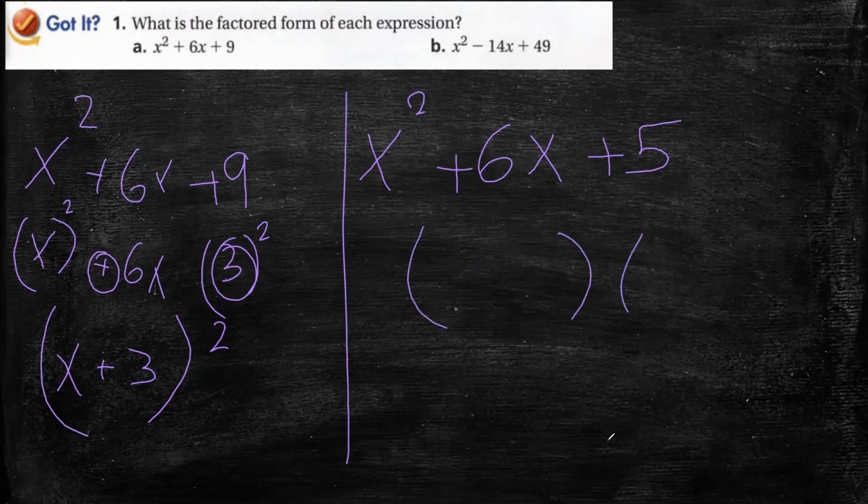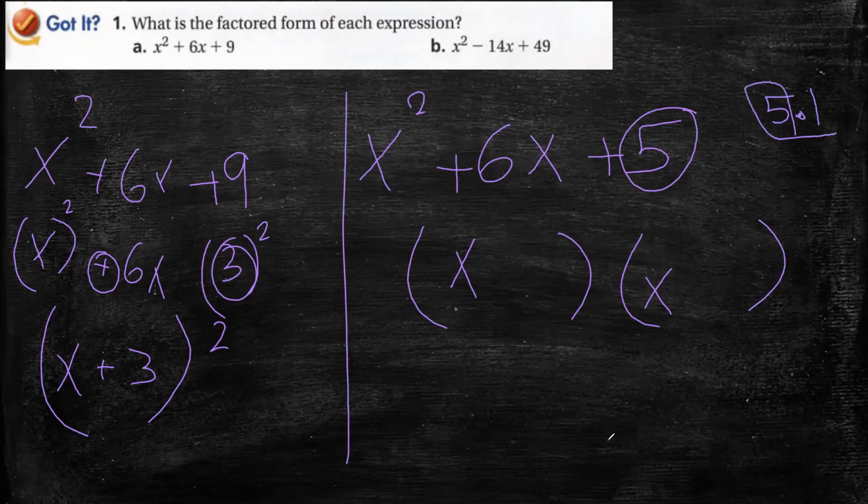You open two brackets, you put x here and x here, you write the factors of number 5, and you find which pair of factors has a summation of 6, which is 5 and 1. So I will write them as x plus 5 and x plus 1.